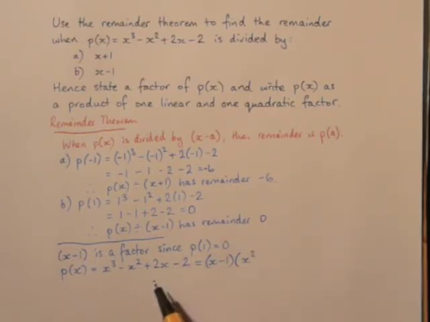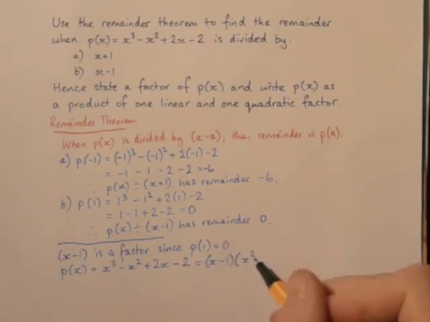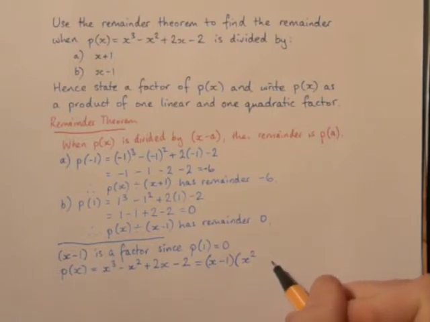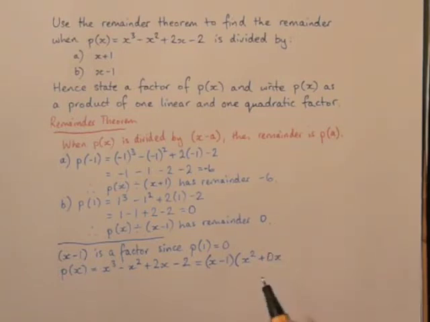Then I've got minus x squared giving me minus x squared, which tells me that the other contribution to the x squared term over here would come from x times whatever the x term is here, so it must be 0x in this quadratic factor.